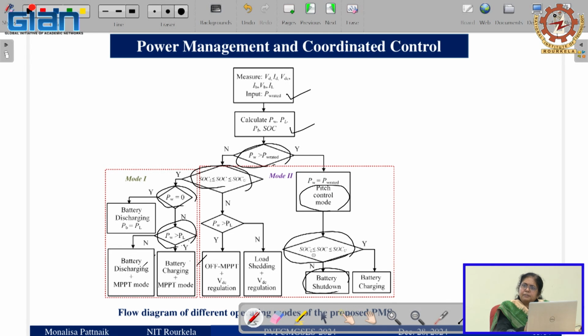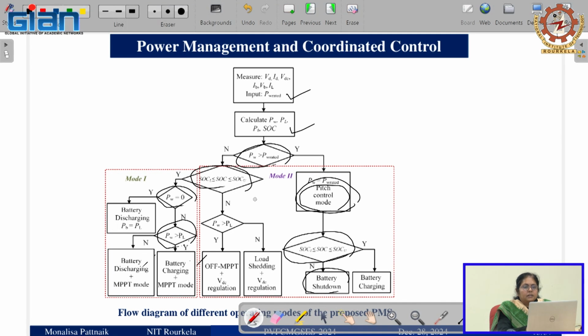A similar system can be developed for solar, if you are taking a PV system; obviously the pitch control mode will not come into the picture. The MPP mode and off-MPP mode are reduced power modes, you can say.